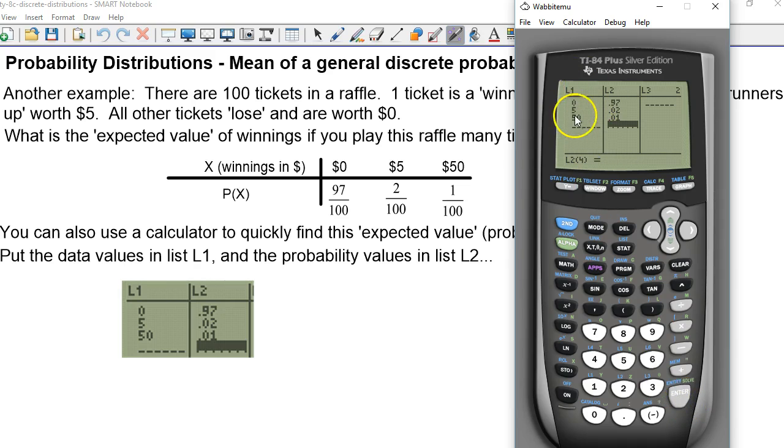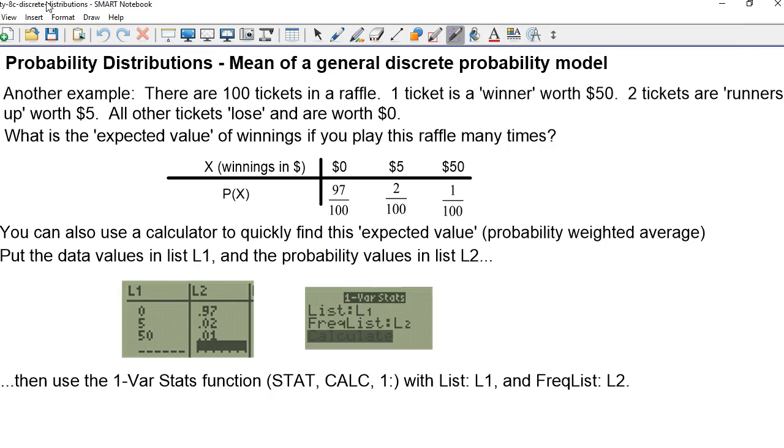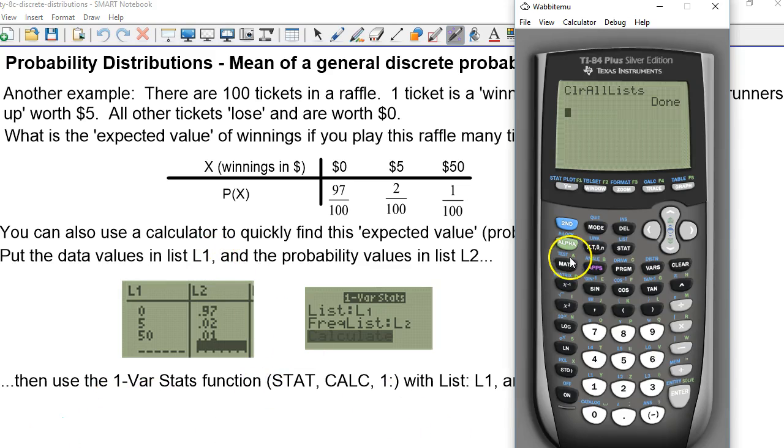So if I put the data values in list 1 and the frequency values in list 2, I can use another calculator feature to find the mean of that distribution. We're going to run the one variable statistics function. So you go to Stat, over to Calculations, and select one variable stats. We have to tell it the list that contains the data, which is list 1.